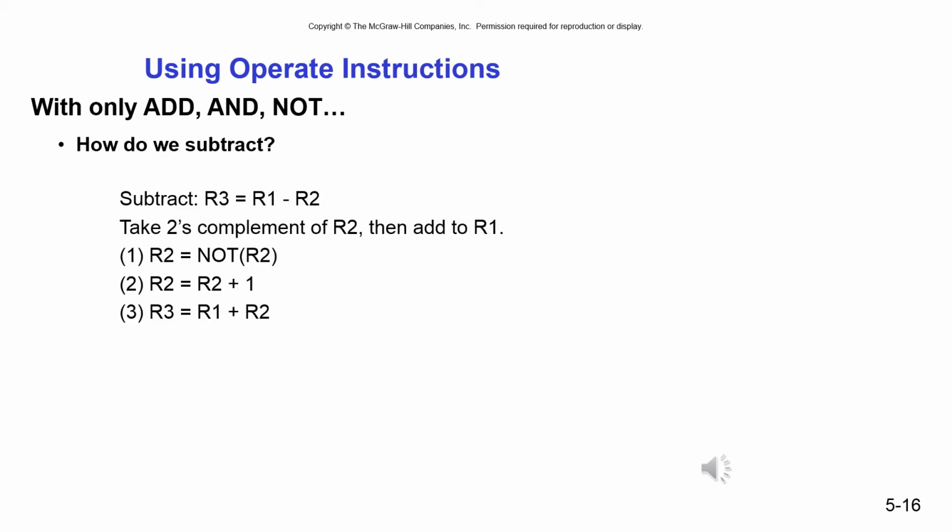This is review. If we want to subtract R2 from R1, we take the 2's complement of R2, then add 1, and we simply then add them. R2 becomes negative, so we're adding negative R2.